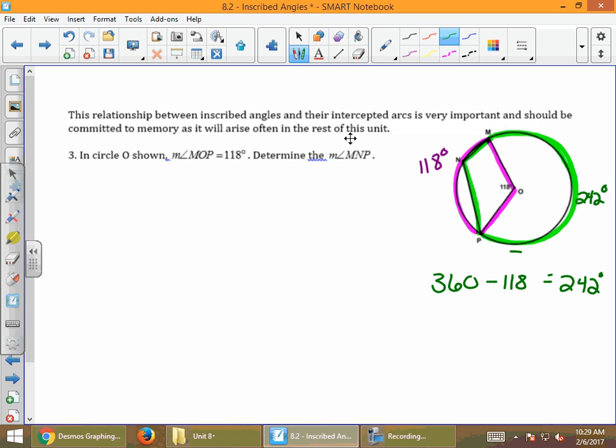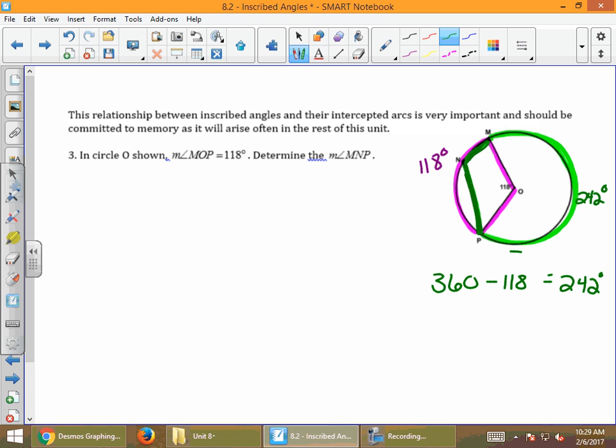So you have to ask yourself, is the angle in the center or on the edge? And again, we're finding this green angle right here. Is that green angle in the center or on the edge? Where is it? On the edge. So whenever the angle's on the edge, what do we have to divide the arc by?